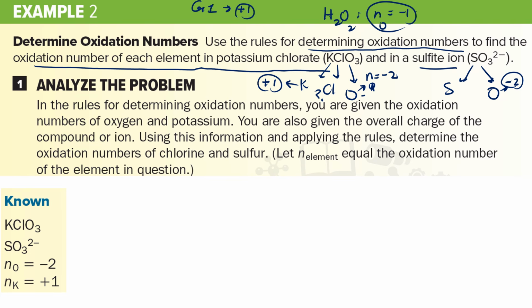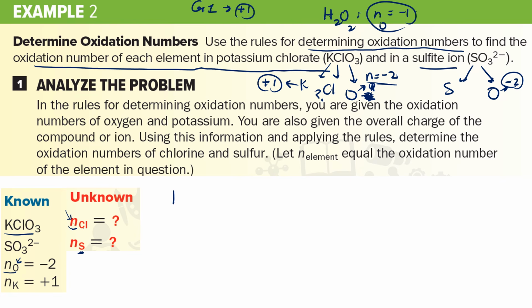So this is what we know: we know the compound, we know the oxidation number of O and of K. What we don't know is the oxidation number of Cl, and in the second compound the oxidation number of S.